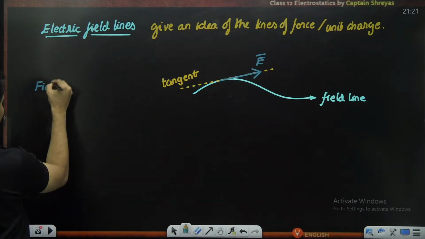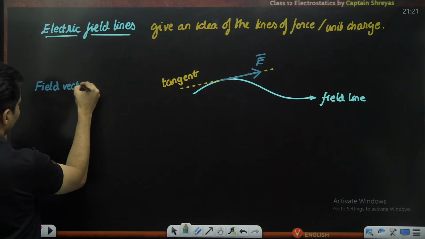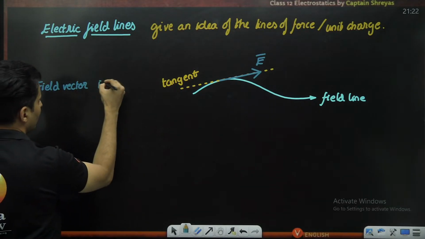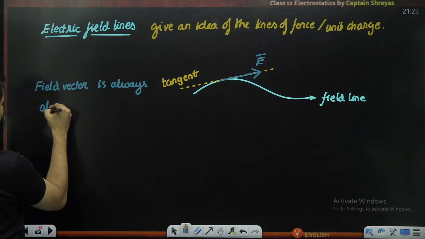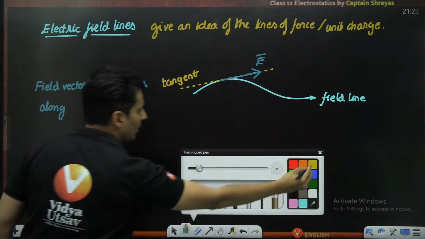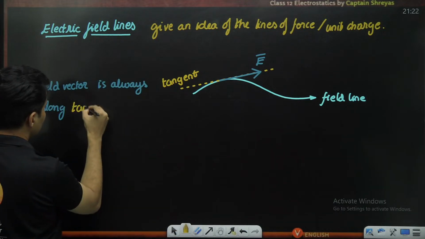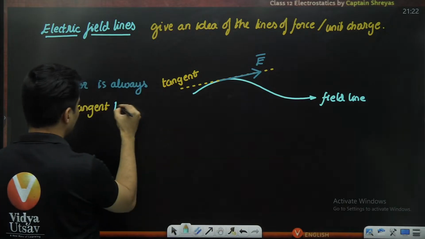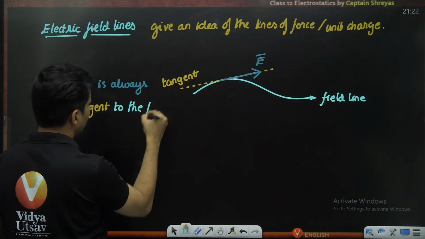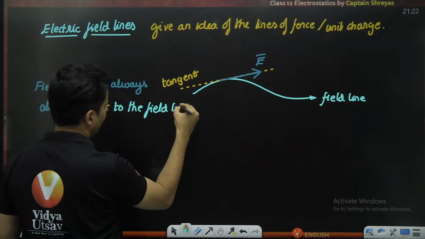So the field vector is always along the tangent to the field line.